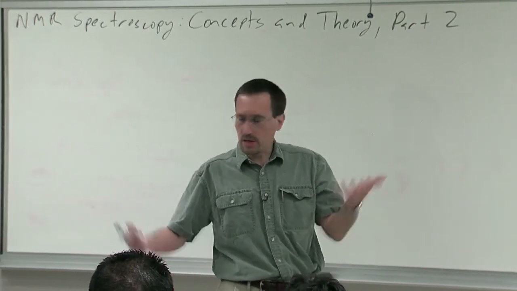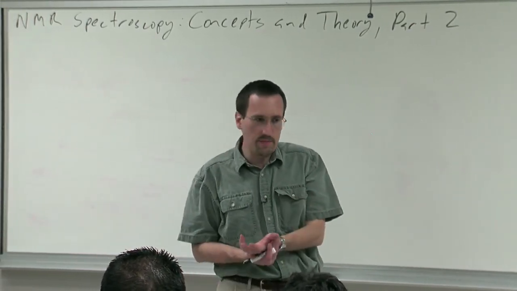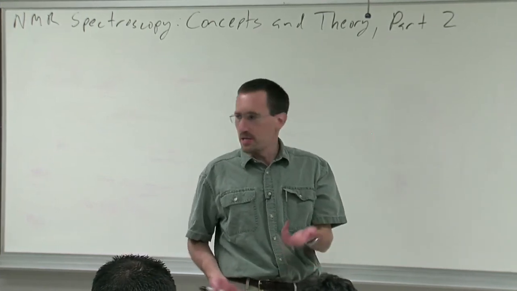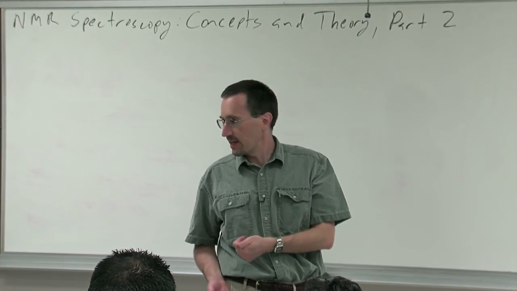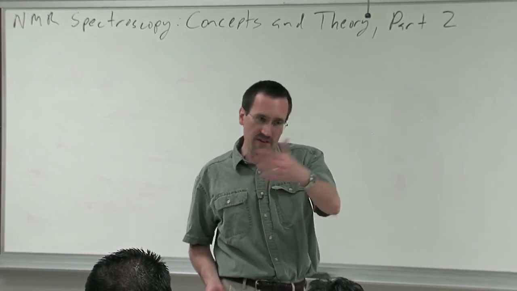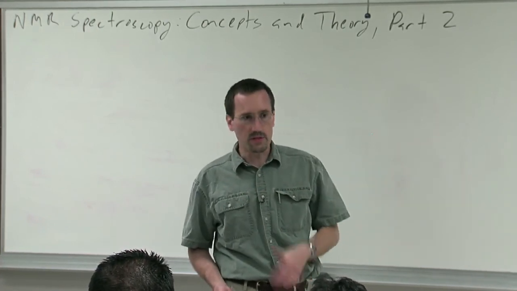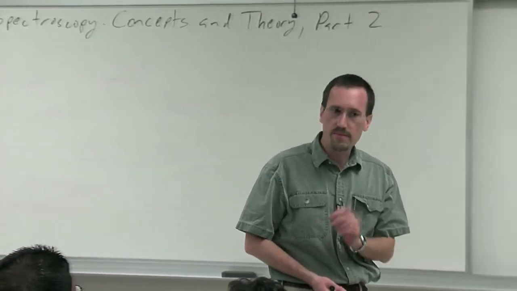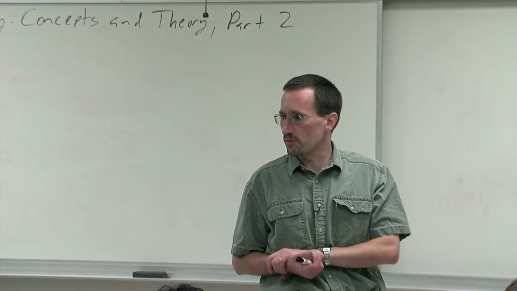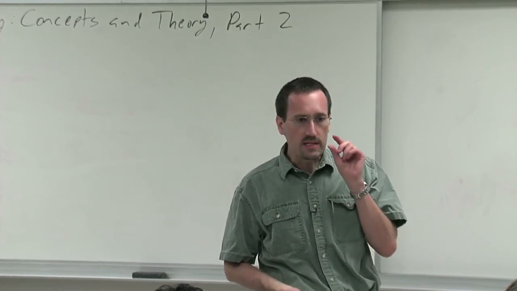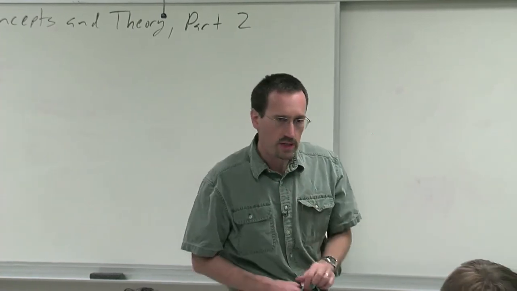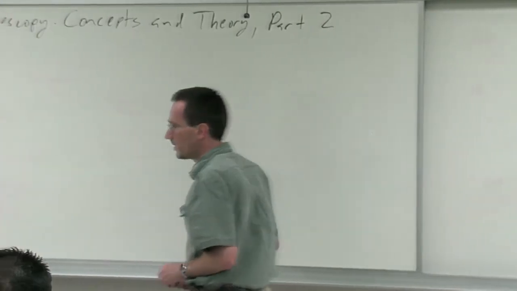We said if we take 2 million protons, out of those 2 million protons, depending on the applied magnetic field, it will be 50 or 80 or thereabouts difference in population. And it turns out that difference in population is going to be extremely important because it is only that differential population that's going to be able to get us a signal.